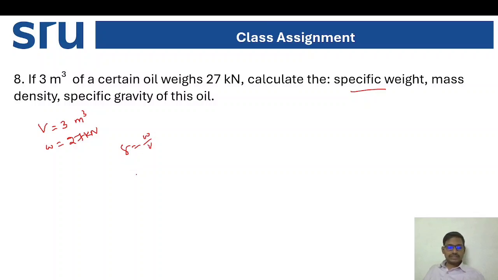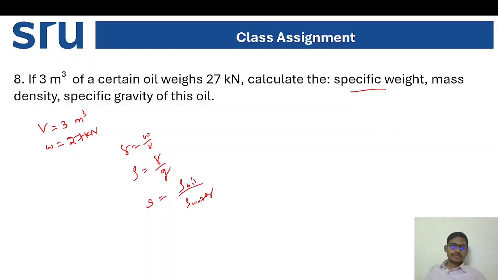And mass density rho is equal to gamma by G. This also you can try. And specific gravity S is equal to rho oil by rho water. So this is a class assignment. Just substitute the values and you will get it. Nothing more than this. It is very easy and simple to tackle this kind of problem.